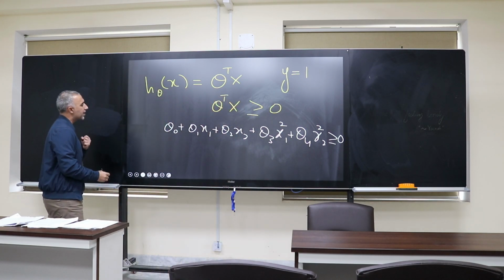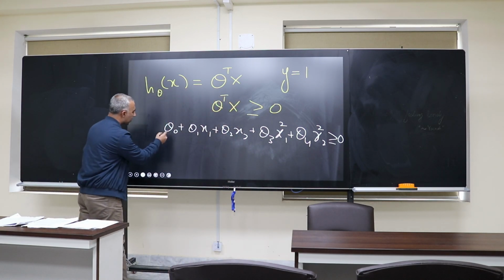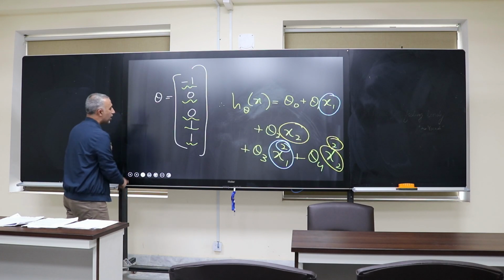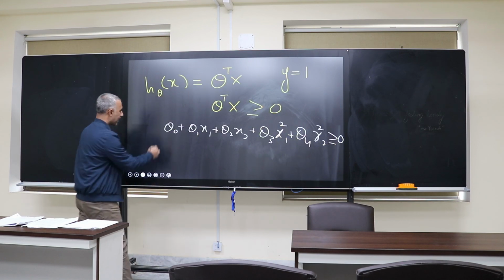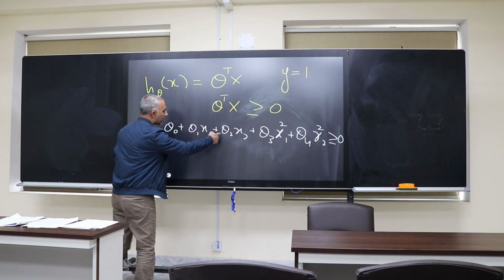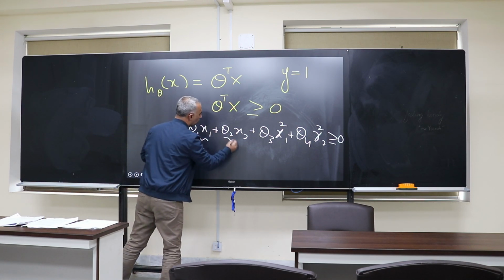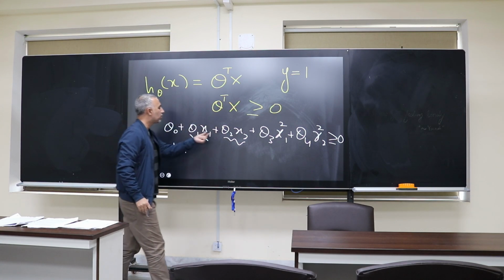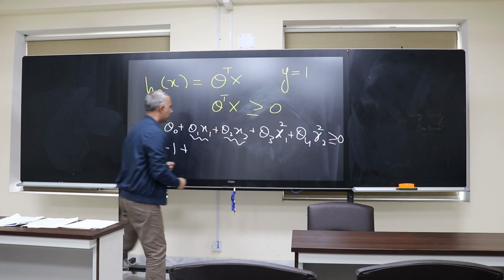So if it's greater than 0, then we need to substitute the value of this. Here we can notice minus 1 plus, of course, multiply this whole term 0, this whole term 0, because theta 1 is 0, theta 2 is 0, theta 3 is 1.